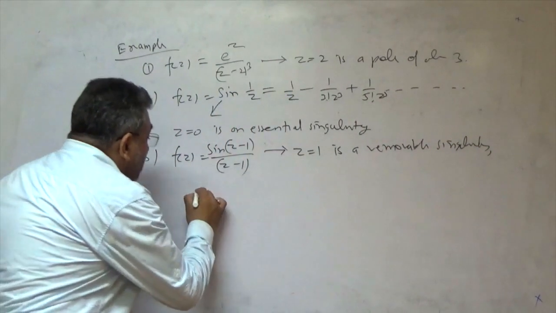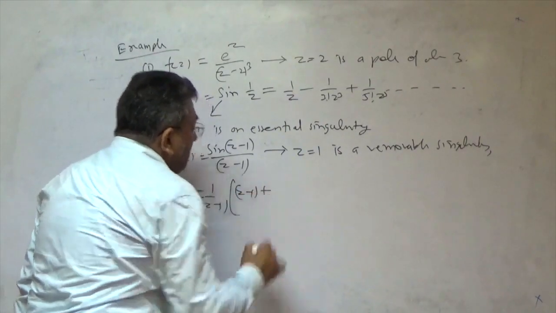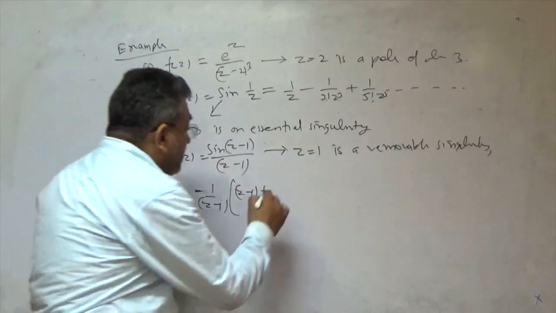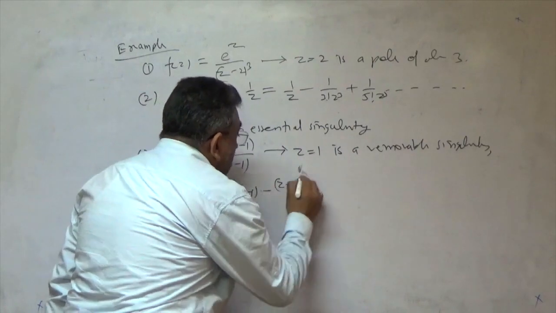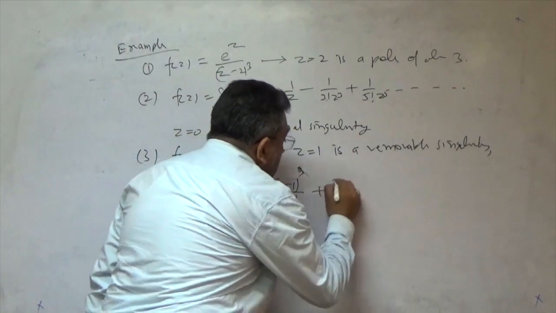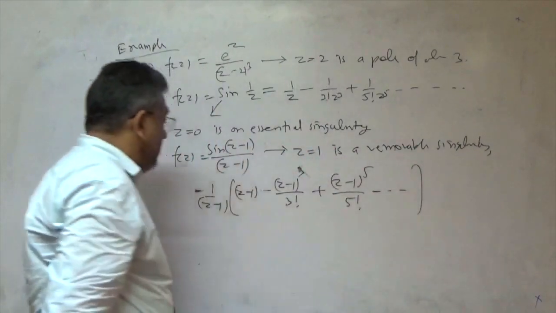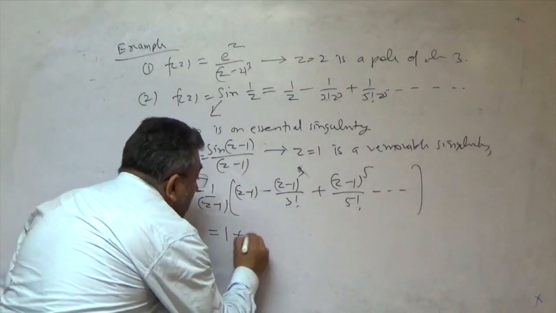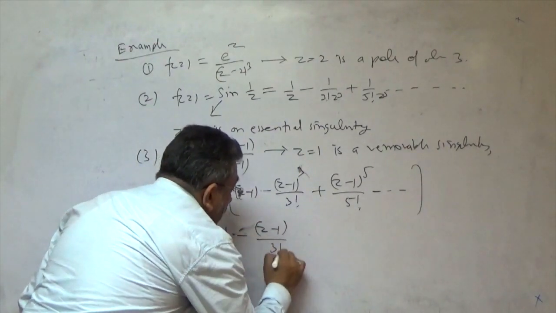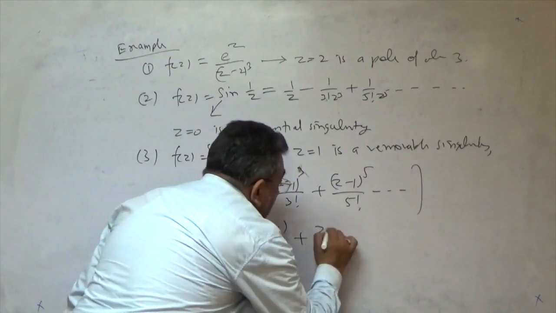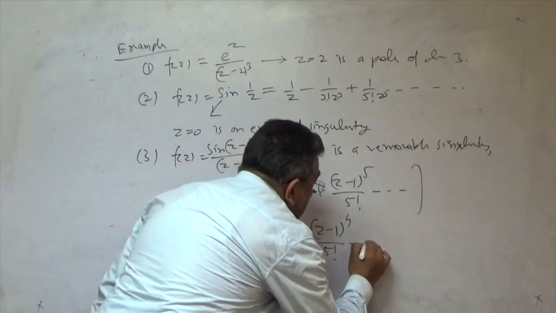Because if you expand this again by the sine series, this is (z minus 1), minus (z minus 1) cube upon factorial 3, plus (z minus 1) power 5 upon factorial 5, and so on. If you cancel this, then z minus 1 is cancelled out, and the second term becomes (z minus 1) squared upon factorial 3, then (z minus 1) to power 4 upon factorial 5, and so on.